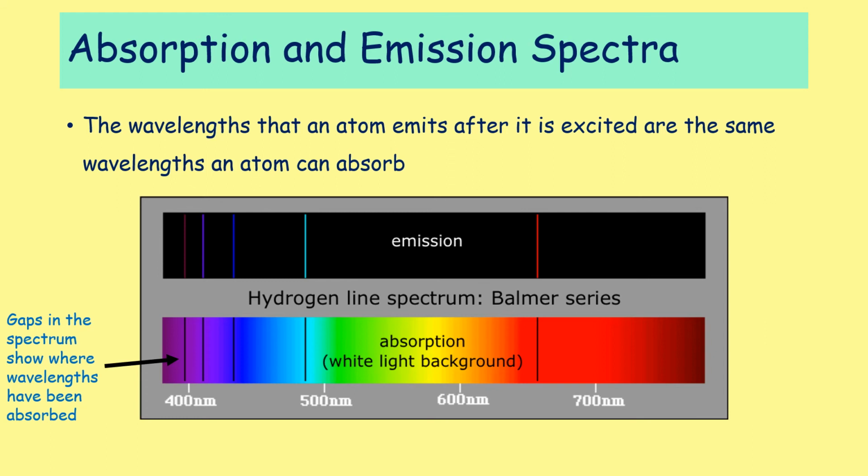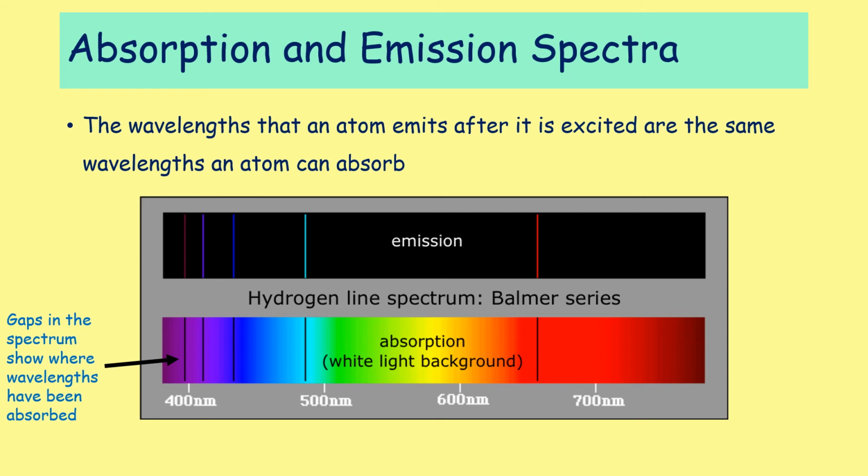Now, when we look at these lines, we can look at the wavelengths of light that are absorbed, or we can look at the wavelengths of light that are emitted from an atom. Now, no matter what, it's the same wavelengths of light that are absorbed and emitted by an atom.